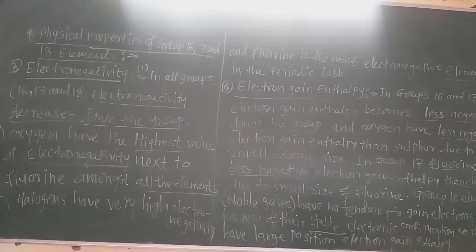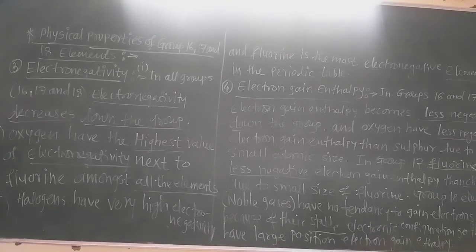If we speak about the group, then the electronegativity value decreases from top to bottom. What is the reason behind that? As we go from top to bottom, the mass number and the atomic number increase, and similarly the number of shells also increases, that means size increases. As size increases, what happens?